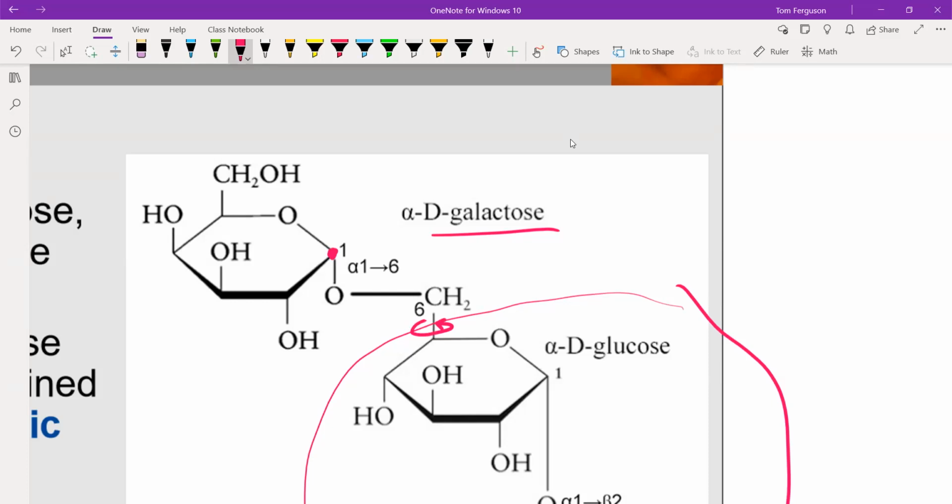It's free to rotate. So what it does, it swings around so that it's in the most stable configuration, keeping the oxygens as far away as possible so they don't repel each other as much. Okay, so we're not going to say this is alpha beta on the carbon number 6. Because this is galactose with the hemiacetal, we have that OH coming down that can be either alpha or beta. In this case, it's going to be alpha. So it's an alpha 1, 6.